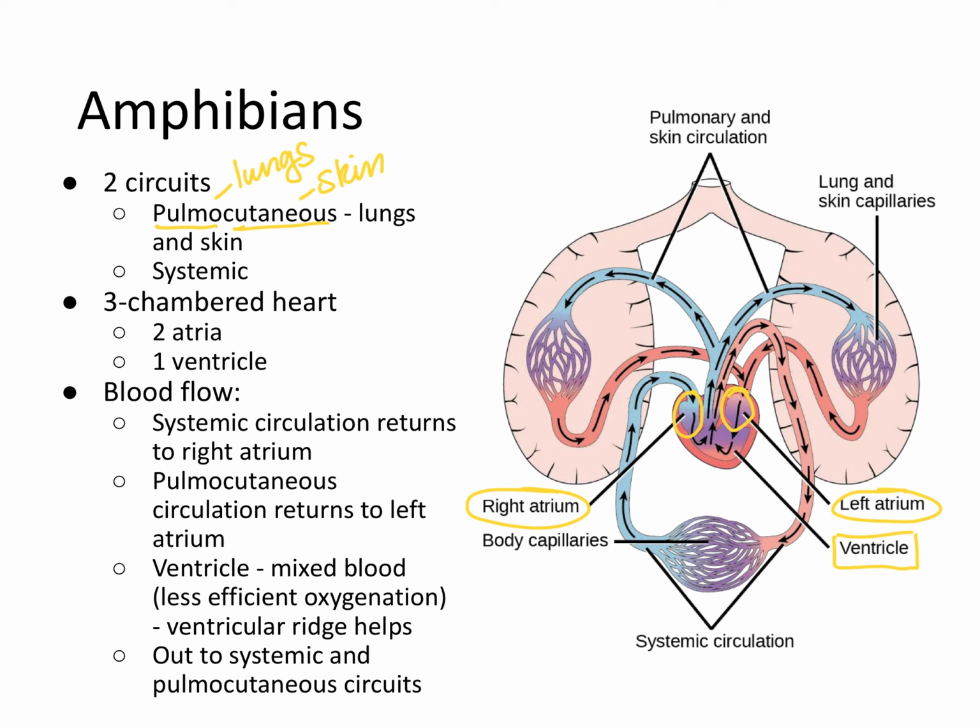So if we look at the flow of blood through an amphibian's circulatory system, first of all, the systemic circulation returns to the right atrium, which is the same as humans. And so we've got blood coming into the right atrium.